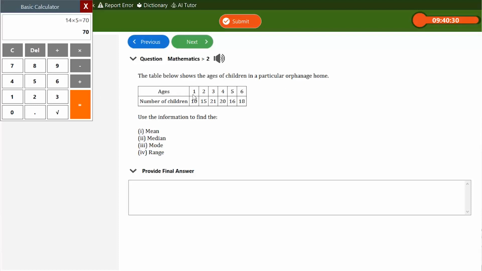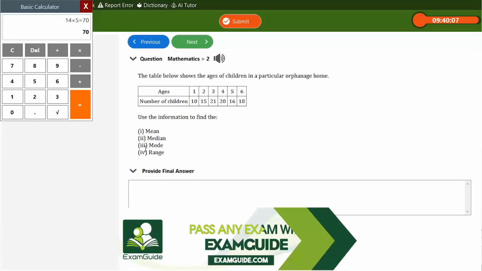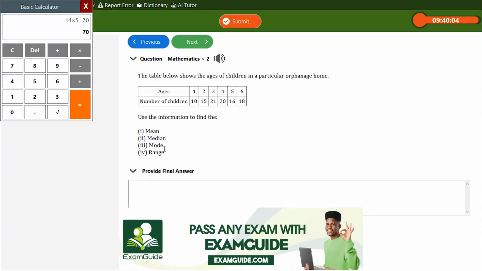So the ages here are 1 year, 2, 3, 4, 5, and 6, and the number of children: for age 1, 10 children, age 2, 15 children, just like that. They say we should use the information to find A, the mean age, II, the median age, III, the modal age, that is the mode, then IV, the age range, that is the range. So let's solve that.